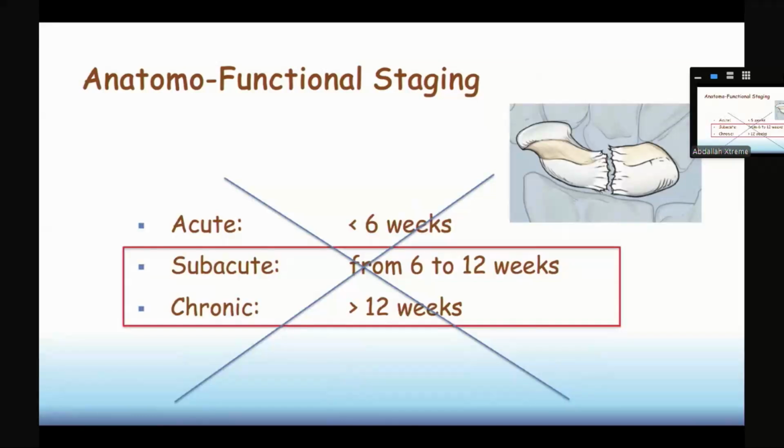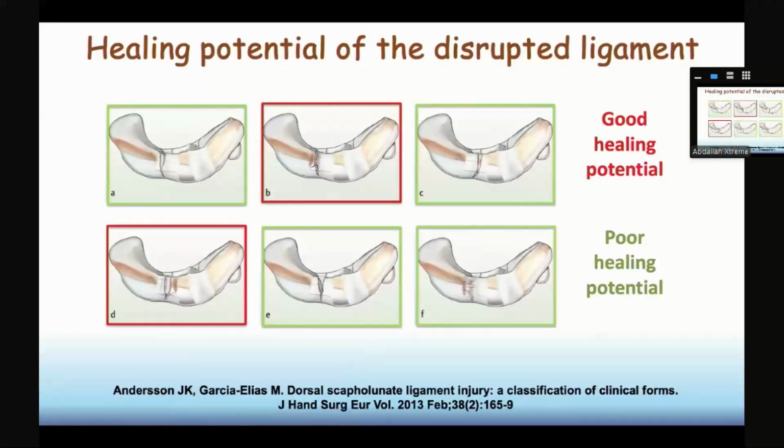What we need to understand is which part of the ligament tears, and in this figure you can very perfectly state level A and level B are the lesions in which you can perform the repairing into the bone. In the other part, you cannot do anything because the ligament is damaged on the internal side, and so they have poor healing potential.